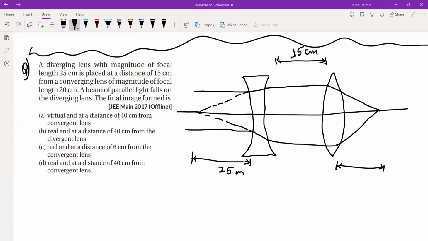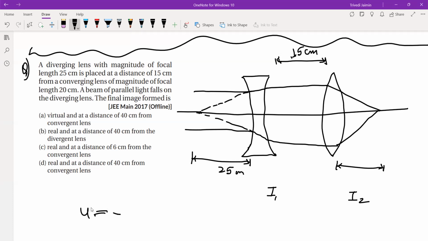Let's take this as I1, image 1, and here it will be image 2. So the object distance for I1: let's take this as 15 and this 25.